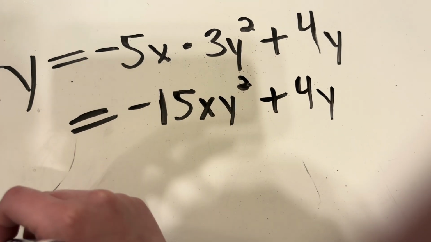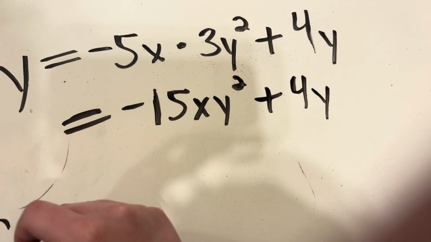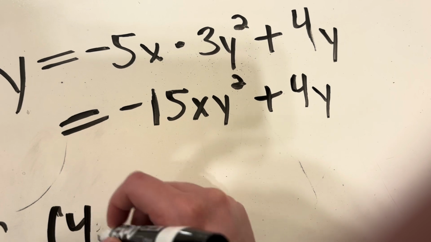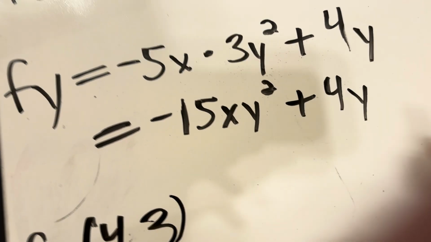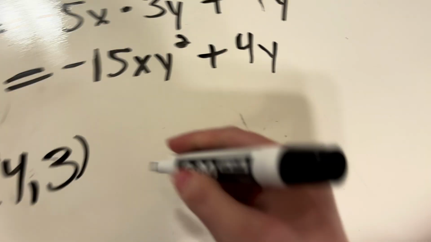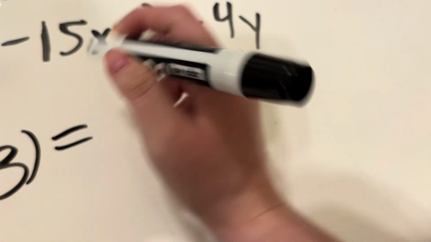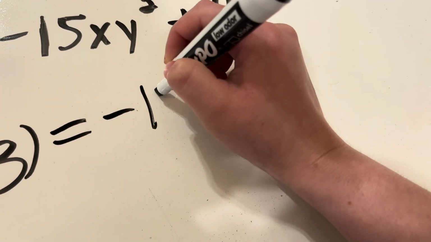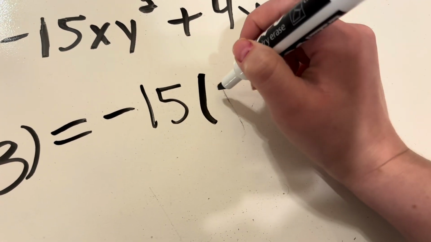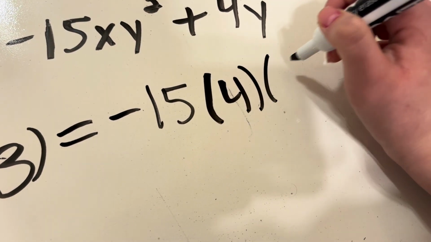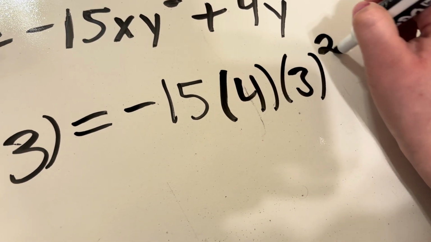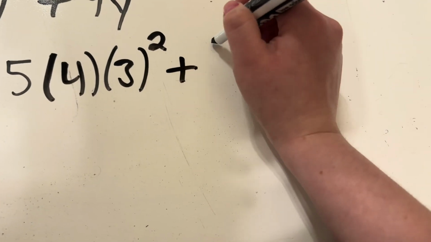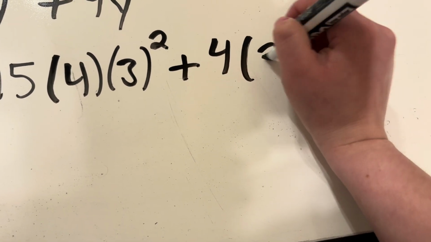Now it is time to plug in the coordinate. It will be negative 15 times 4 times 3 squared plus 4 times 3.